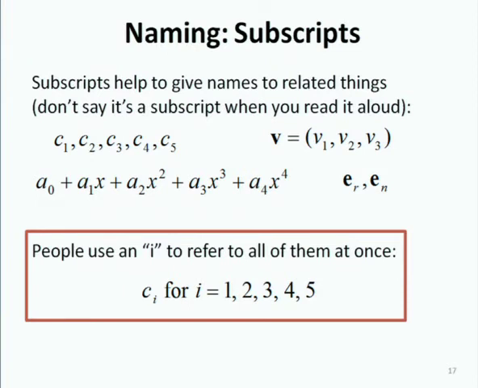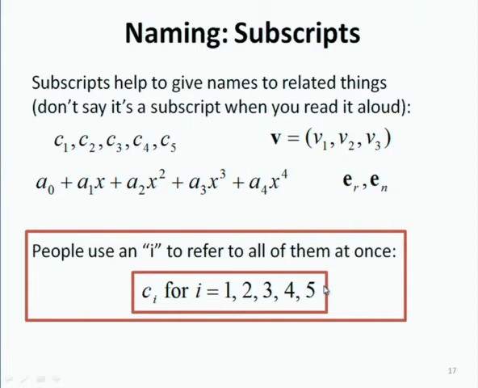Now, people use the letter I, or possibly J, or possibly K, to refer to all of them in one go. So instead of saying C1, C2, C3, C4, C5, I could say C I, where I is 1, 2, 3, 4, or 5. It's just saying that I have a subscript, there is something down here, and the options for what to put there are 1, 2, 3, 4, or 5.